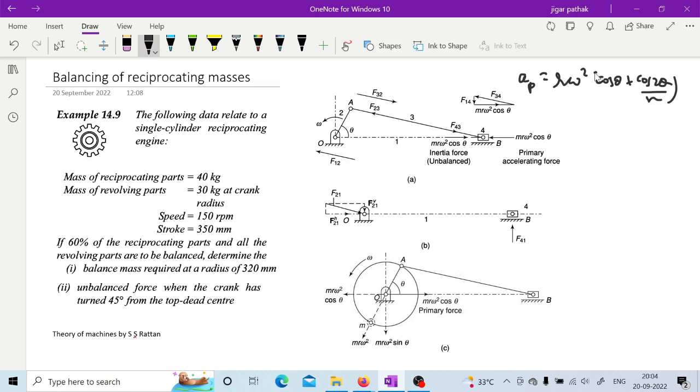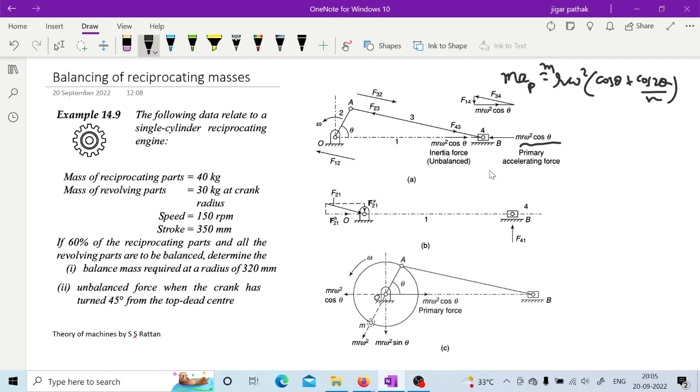Whenever your piston is moving, it applies the force m into a, so m r omega square into cos theta plus cos 2 theta by n will be the force. From that, m r omega square cos theta is known as primary accelerating force, and m r omega square cos 2 theta by n is known as secondary accelerating force, right?